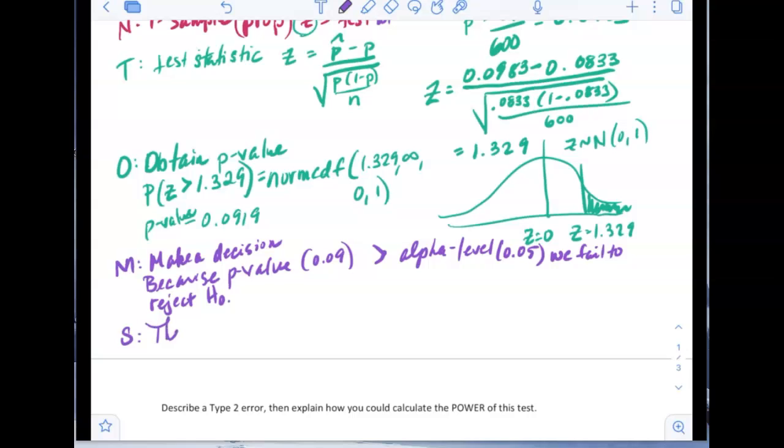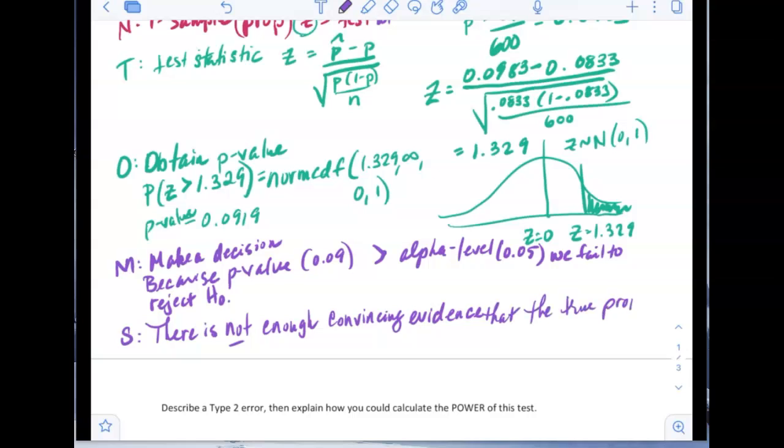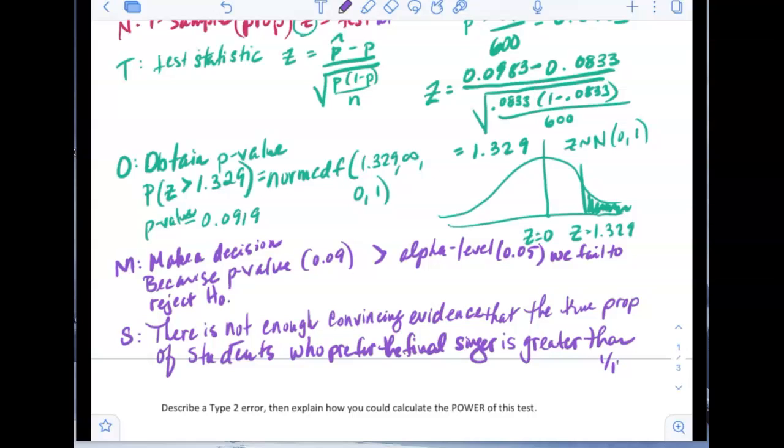We're going to say there is not enough convincing evidence that the true proportion of students who prefer the final singer is greater than 1/12.